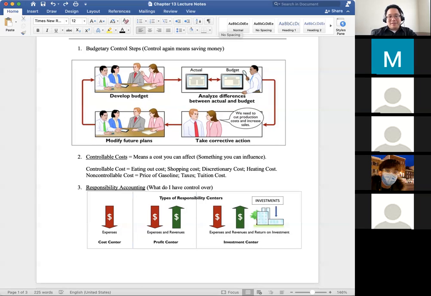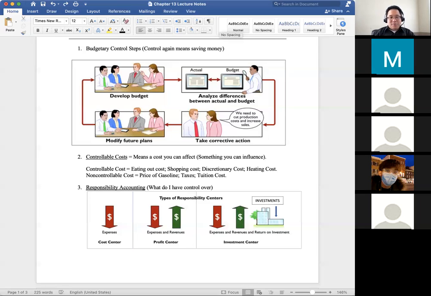Yeah, YouTube, Netflix, those things you can control also, right? That's true. So some people pay for like the YouTube premium, but to some extent you can control that because you don't need it, right? So really a lot of times controllable and necessary or unnecessary kind of go hand in hand. If a cost is controllable, typically it's something that you don't have to have. Going to the movies is controllable, right?